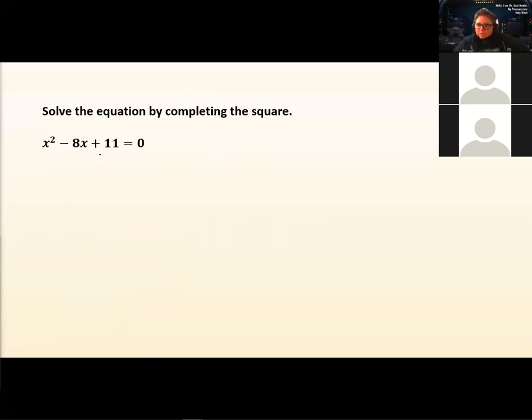Very good. Yes, we're going to subtract 11 because we want this to be by itself so that we can create our perfect square. So that leaves us with x squared minus 8x plus, and again, I'm just making placeholders. And this is -11.